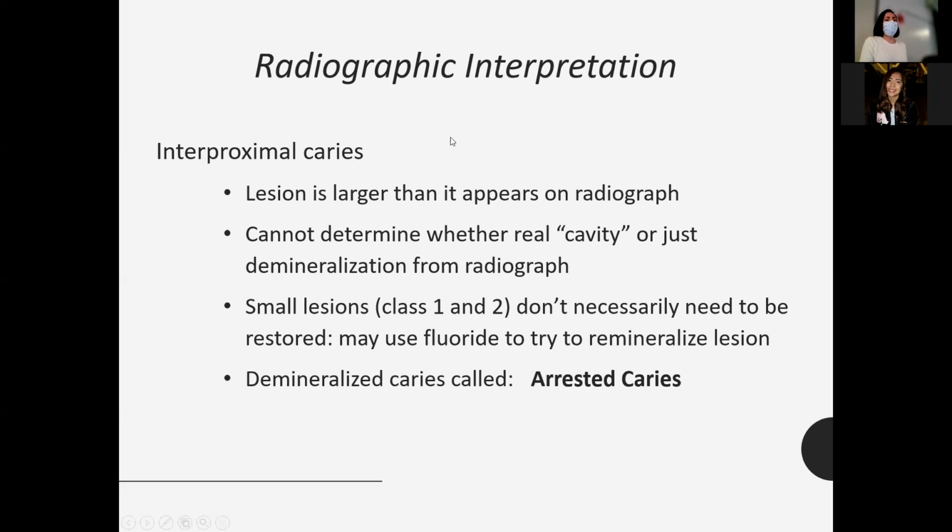Small lesions, class 1 and 2, don't necessarily need to be restored. They could potentially remineralize with fluoride or just good oral hygiene. And then demineralized caries are called arrested.